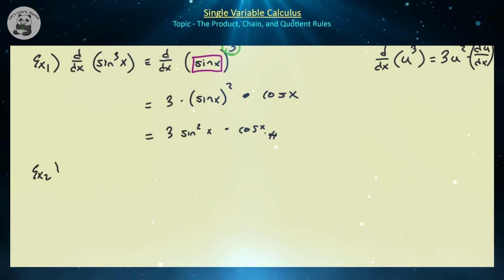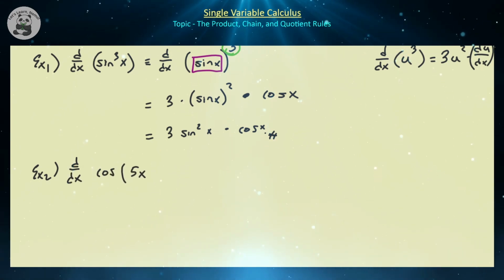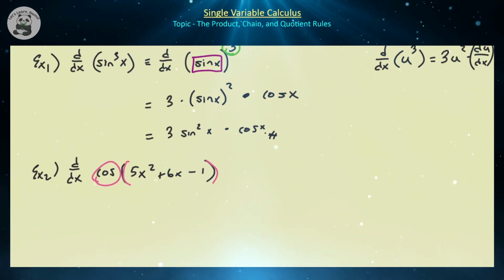Let's look at a couple more examples, since this is sometimes not as obvious. But this example might make it a little bit more obvious who controls who. Let's assume we want the derivative of the cosine of 5x squared plus 6x minus 1. So here, which function controls who? We have the cosine function and this quadratic function. Obviously, the cosine is controlling or protecting the quadratic.